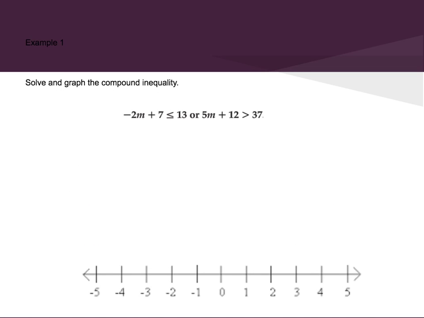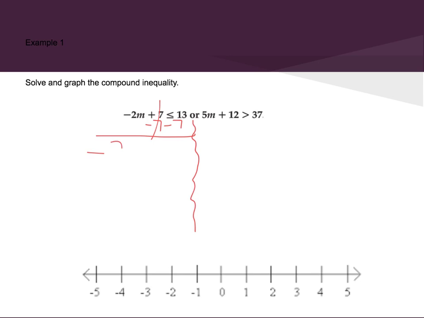So here we have example 1, which you'll follow along on your notes. Whenever you see a compound inequality connected by the word or, you're basically going to treat them as two separate entities. Just forget one, solve the other. So in negative 2m plus 7 is less than or equal to 13, we're just going to subtract the 7.